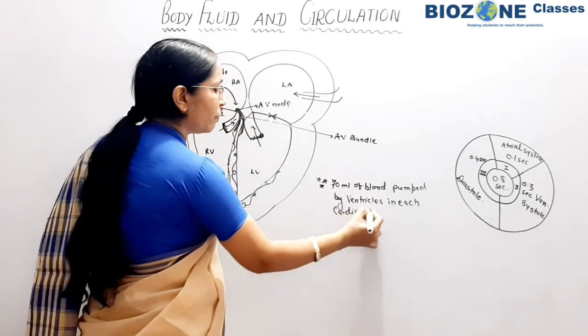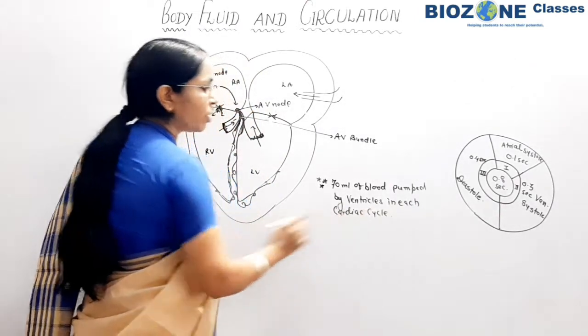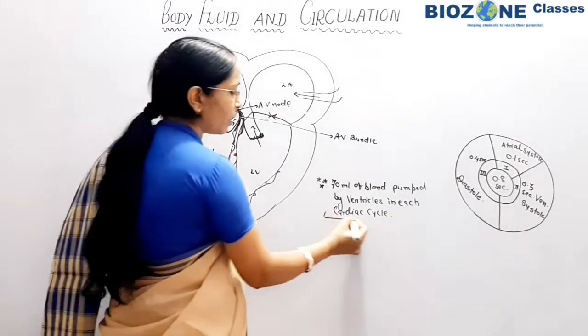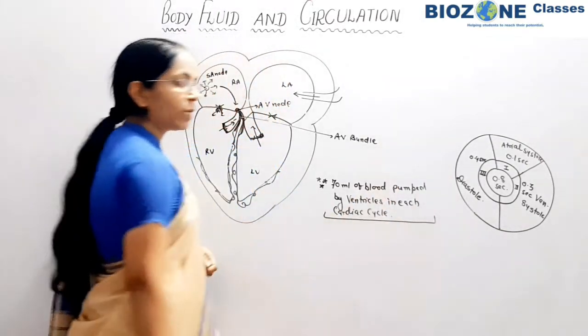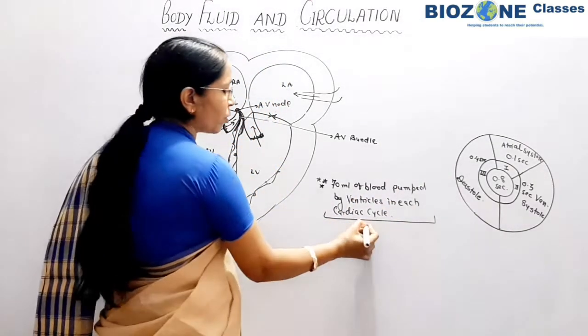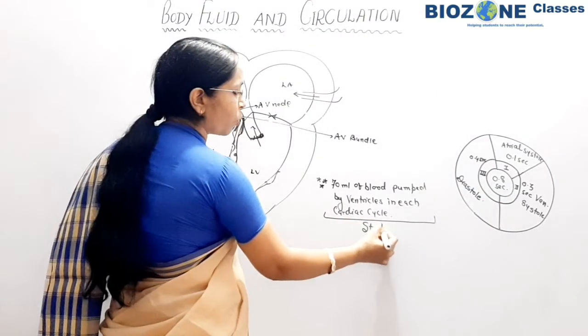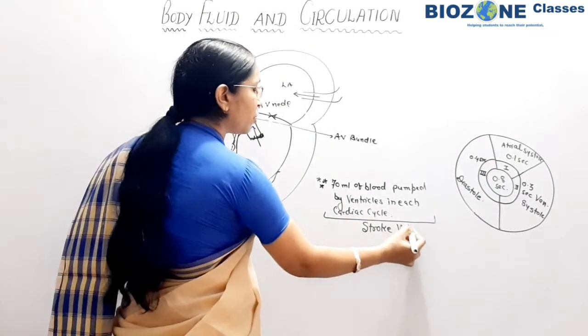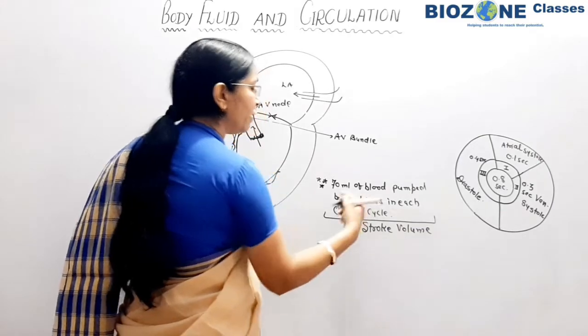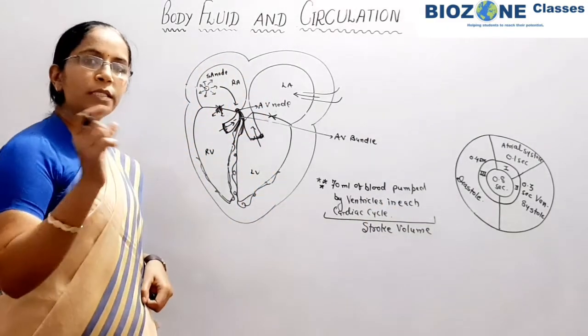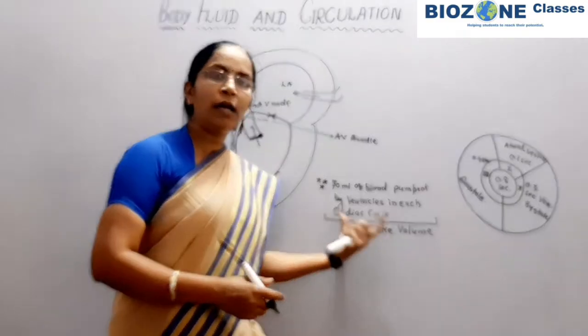This volume, that is 70 ml, is called the stroke volume. So this part you remember, stroke volume is 70 ml for each cycle of the cardiac cycle.